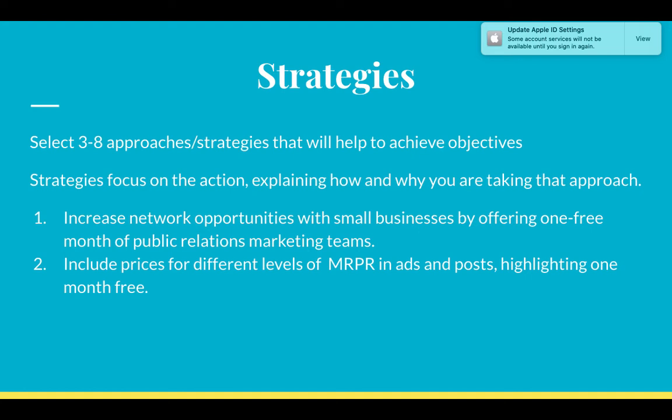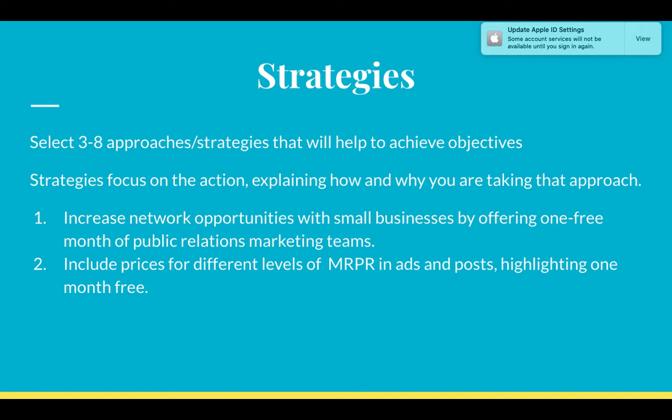One example of a strategy from the objectives we listed with the Moorpark Reporter would be to increase network opportunities with small businesses by offering 1 free month of public relations marketing teams. And the second one could be to include prices for different levels of MRPR. That would be the branding image, which we'll talk about in a little bit, in ads and posts, highlighting 1 month free. These strategies would be applied to 2 different objectives.